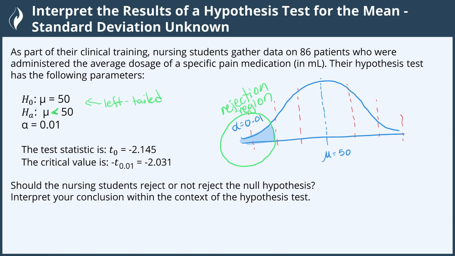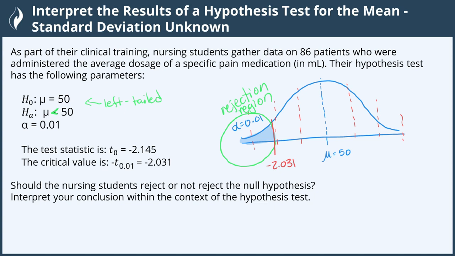And we have our critical value right here, which is our cutoff at negative 2.031. Now let's go ahead and graph our test statistic that was calculated at negative 2.145.